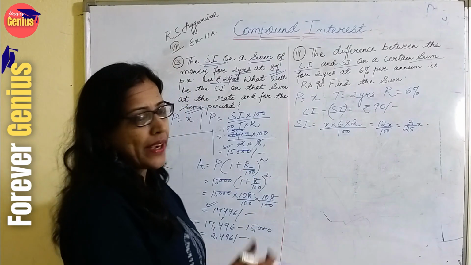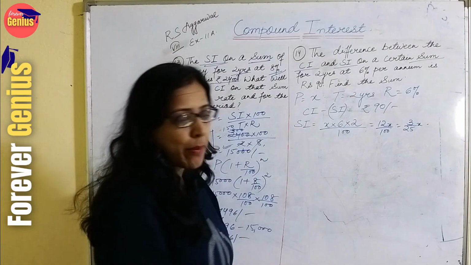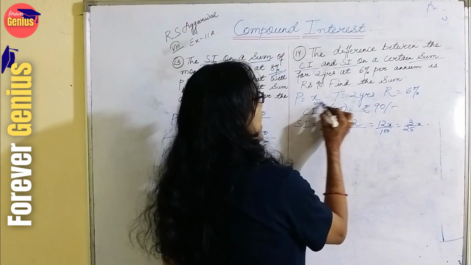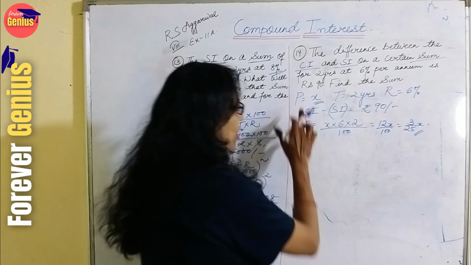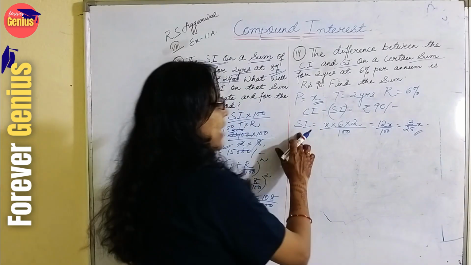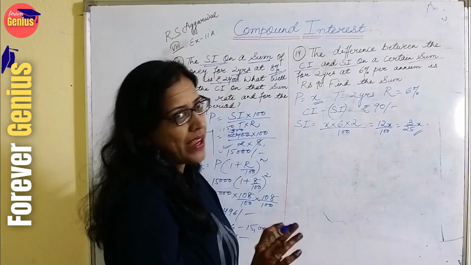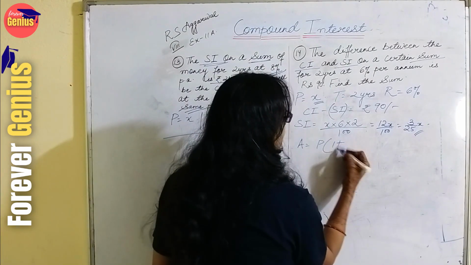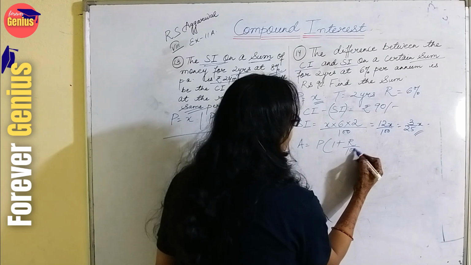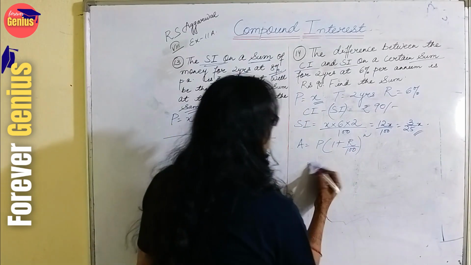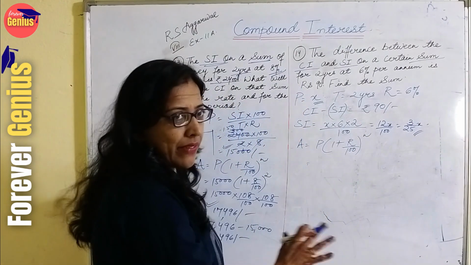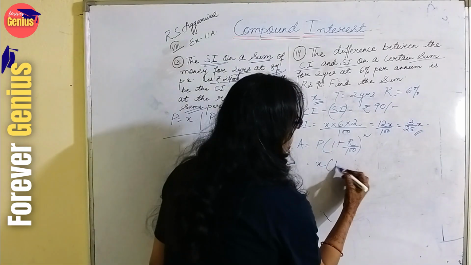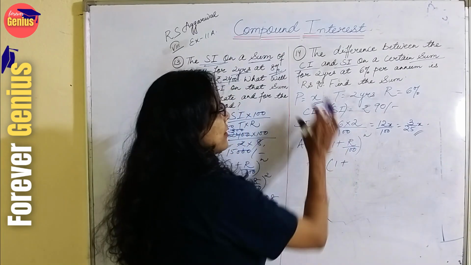Now let's calculate amount and then compound interest on the basis of P as x and the simple interest as 3 by 25x. So now A is equals to P into 1 plus R by 100 to the power n. P is equals to x, we have taken. So just take P as x. Now 1 plus, what is R?